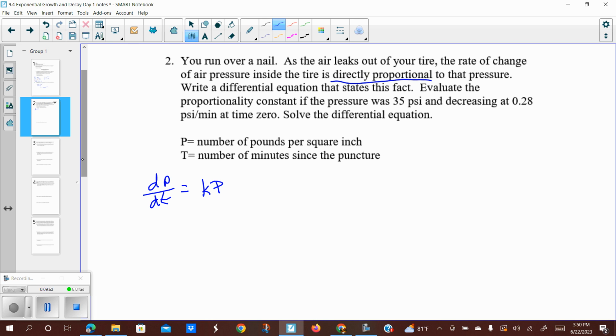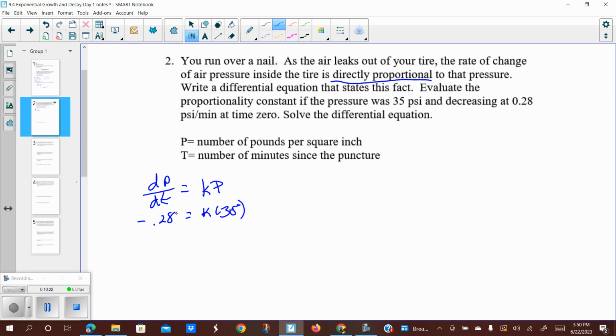Specifically, this is happening at one specific time, at time 0, and they tell us that the pressure was actually 35 at that time. So we know that 35 is going to go in for the pressure, K times 35. And at that particular time, it is changing at 0.28. It says that it is decreasing, so we're actually going to make that negative 0.28.